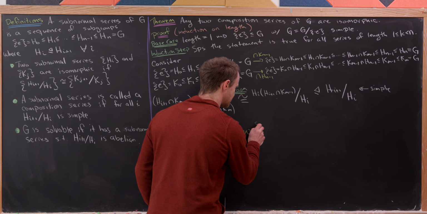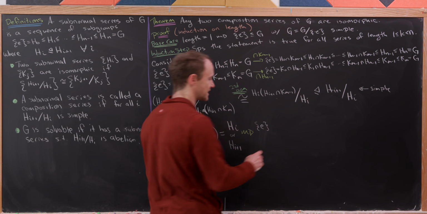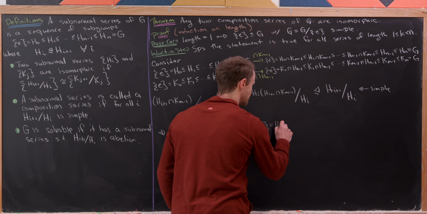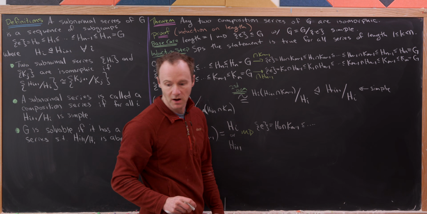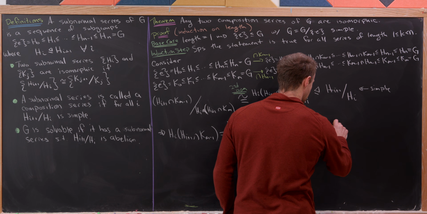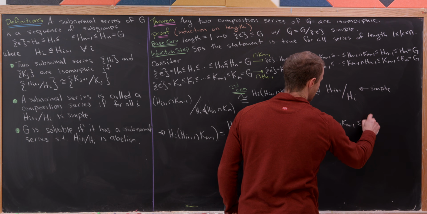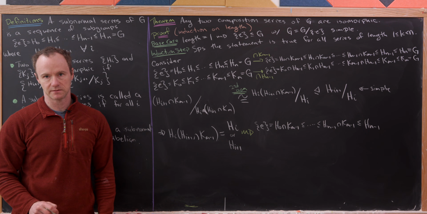And that's going to give us the following subnormal series, or composition series, I should say, which goes like this. So E0 is equal to H0 intersected with Km-1, all the way up to Hn-1 intersected with Km-1, and then Hn-1. We're going to cut it at Hn-1.